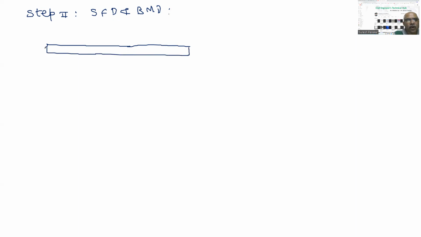Now I will not show all calculations of SFD and BMD; you are in a position to calculate it. If you have any doubt, you can WhatsApp me, and I will send you the answer. So we have this as 465 kilonewton per meter.